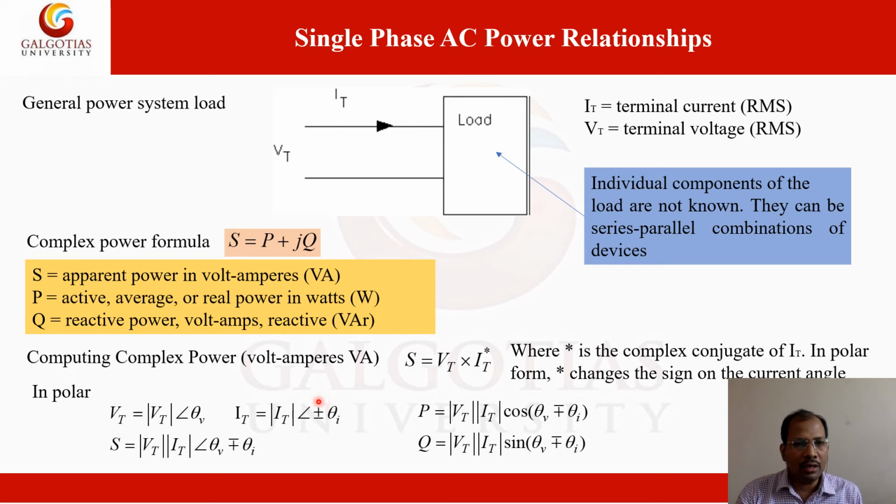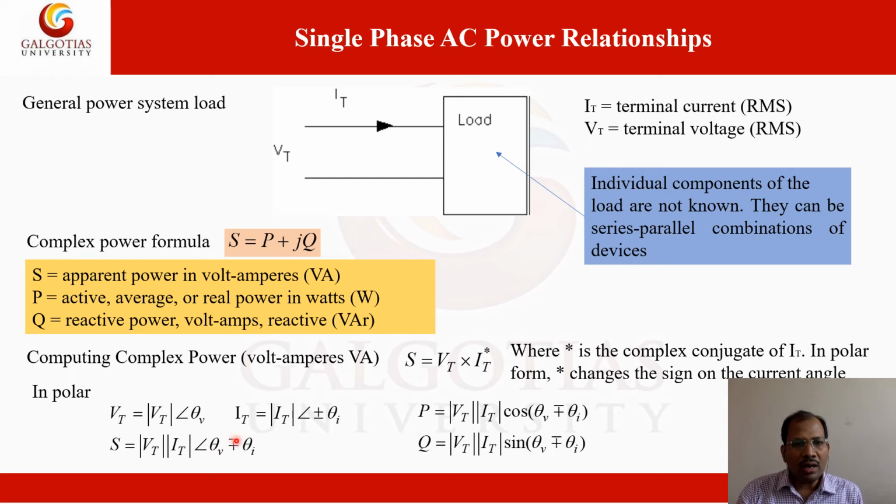So apparent power is equal to V into I conjugate. We take the voltage as the reference and the conjugate of the current phasor. Here the current angle theta changes sign; we are just taking the conjugate value.